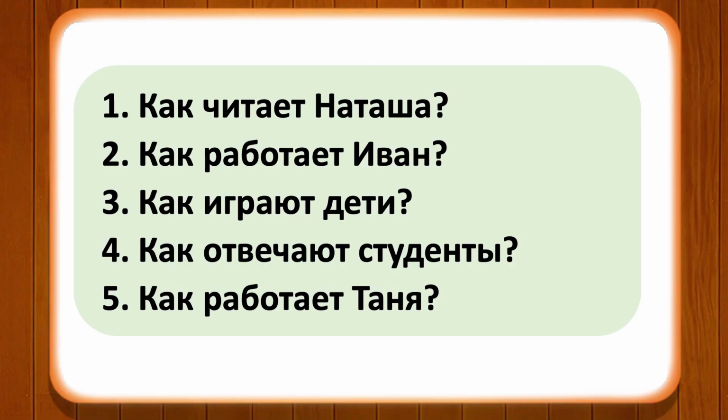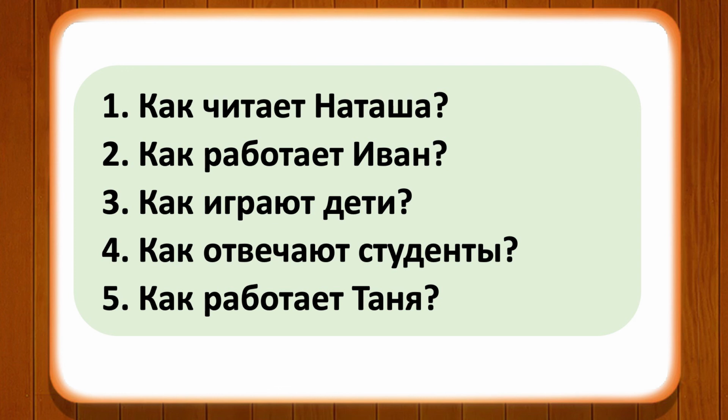Let us look at the next exercise. Answer the following questions. Now here the question is как, which means while answering these questions you have to use the adverbs. Let us solve this exercise. Как читает Наташа? The question is, how does Natasha read?